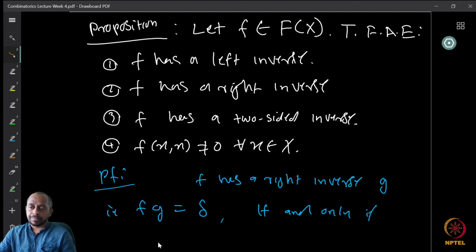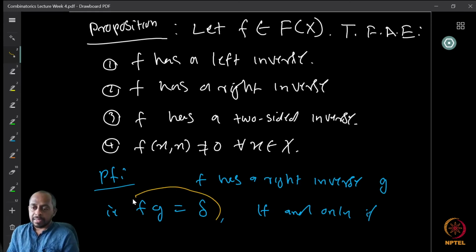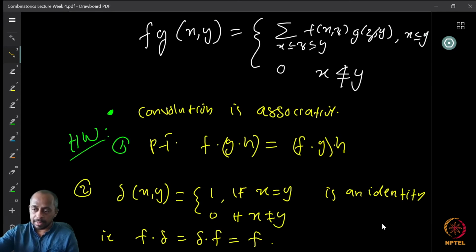So how do you prove this? Let us look at the first of the cases. Let's say f has a right inverse called g. Now, if f has a right inverse g, then the convolution product fg is delta, by the definition of right inverse, and this is true if and only if fg(x, x) is equal to delta(x, x), which is 1 by the definition.